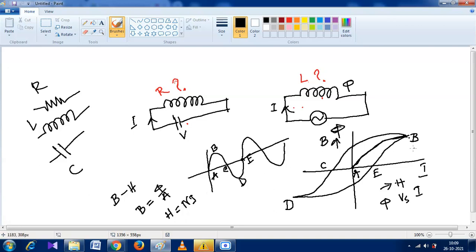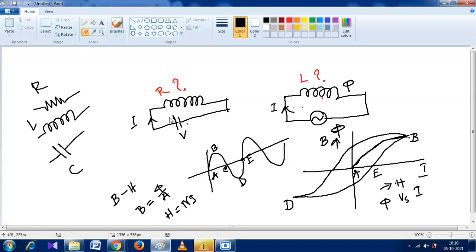So when we reach point B and decrease the current, sorry, I have made a mistake here. Which one is the C point? Because the current is zero here, this point is not it.